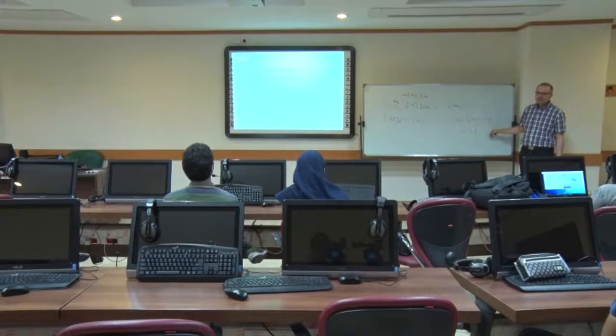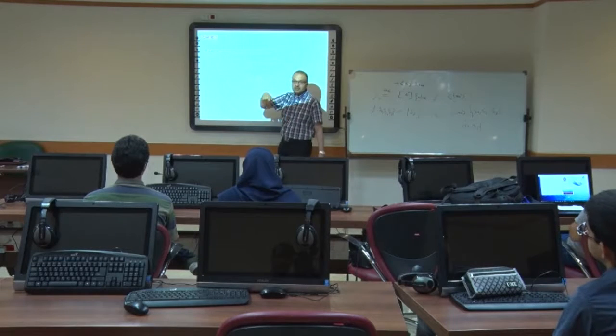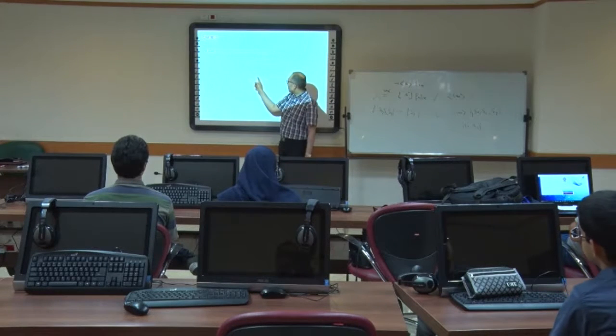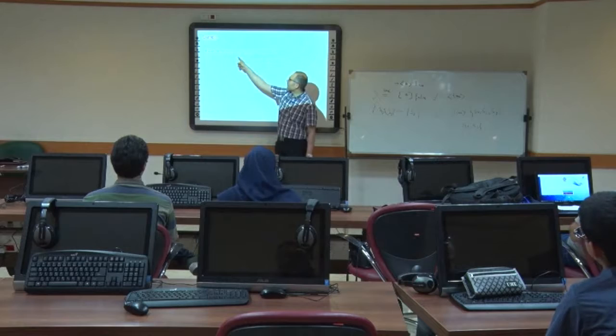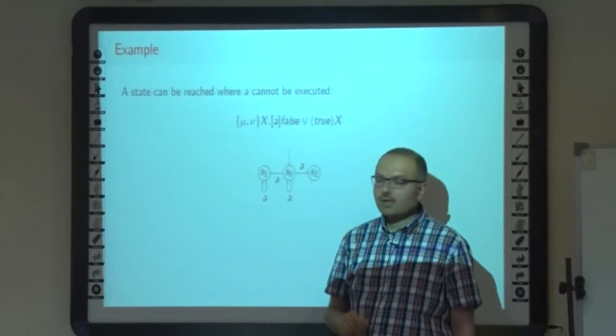And what is the moral of this story? That maximal fixed point does not satisfy the intuition that a state can be reached where A cannot be executed. Because we discussed that S1 does not satisfy this intuitive formula, right?